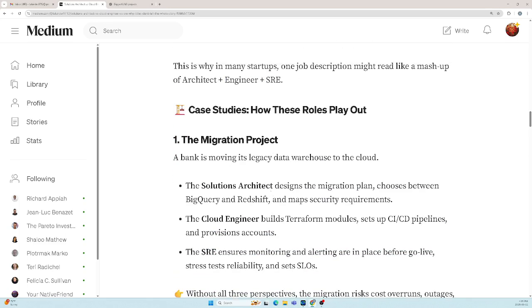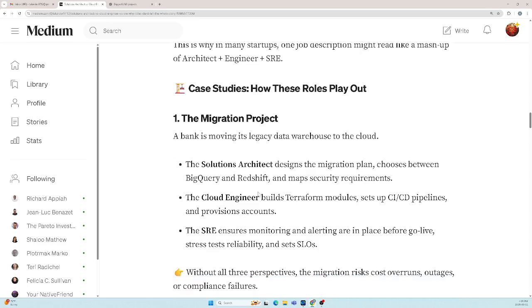Okay, I'm going to discuss a case study of how these roles play out. For example, in a migration project, a bank is moving its legacy data warehouse to the cloud. The solution architect designs the migration plan, chooses between BigQuery or Redshift or Fabric, and maps the security requirements.